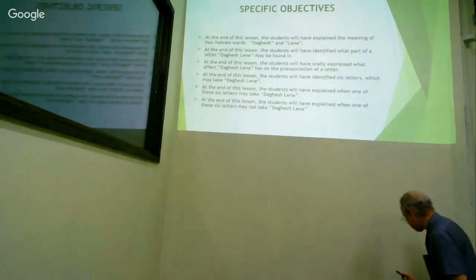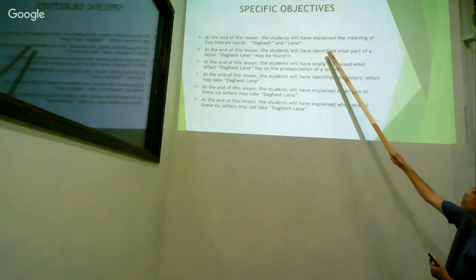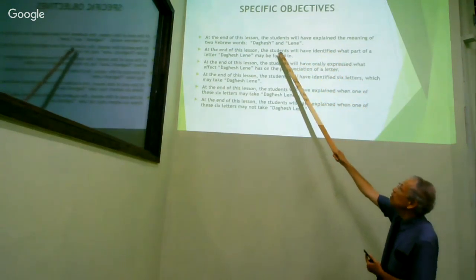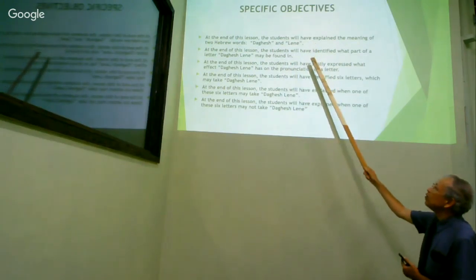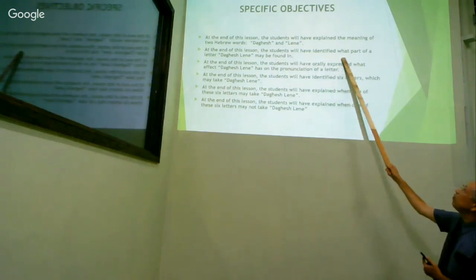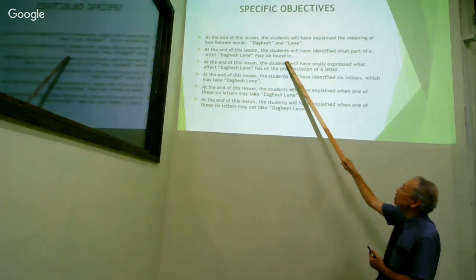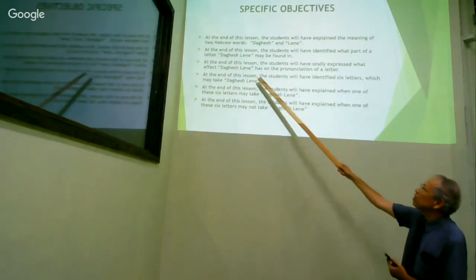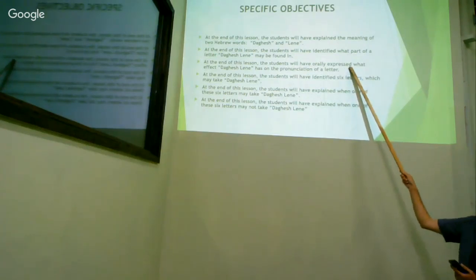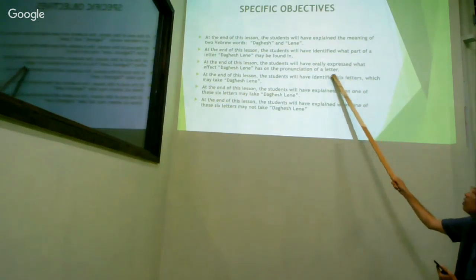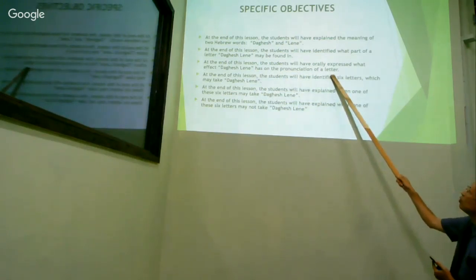Specific objectives. At the end of this lesson, the students will have explained the meaning of two Hebrew words, Daghesh and Lene. They will have identified what part of a letter Daghesh Lene may be found in, and expressed orally what effect Daghesh Lene has on the pronunciation of a letter.